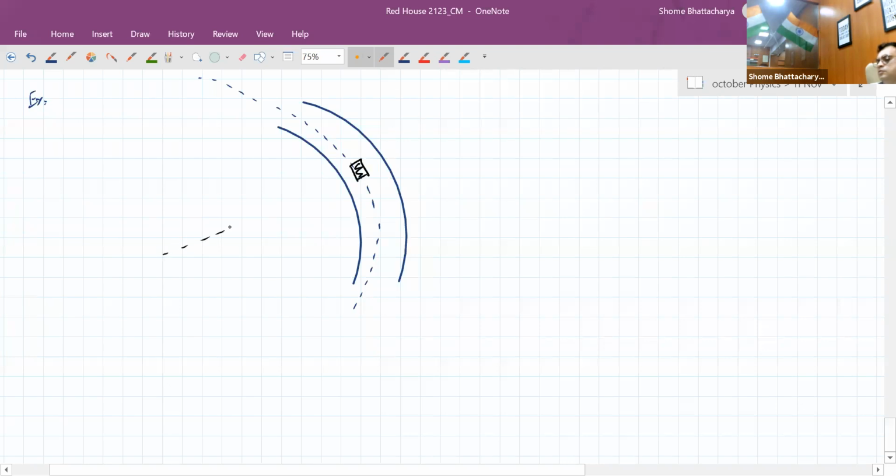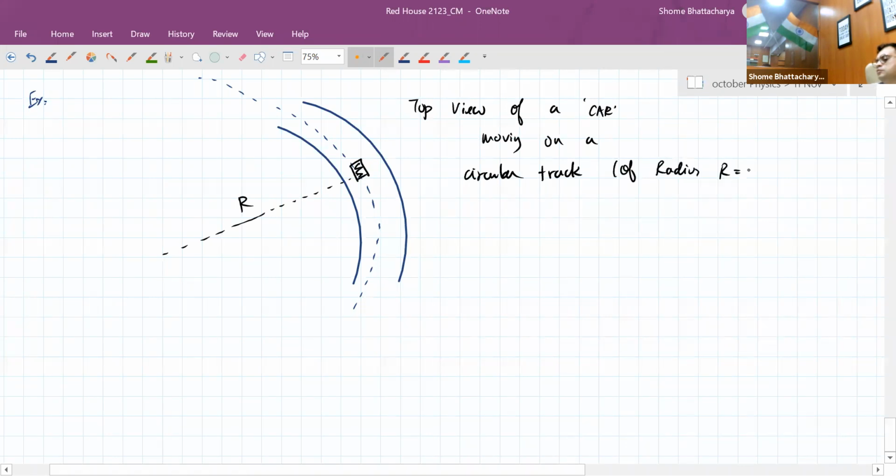So this is the top view of a car being on a circular track, whose radius is 50 meters, and the car is of mass 2 tons, 1000 kilos.